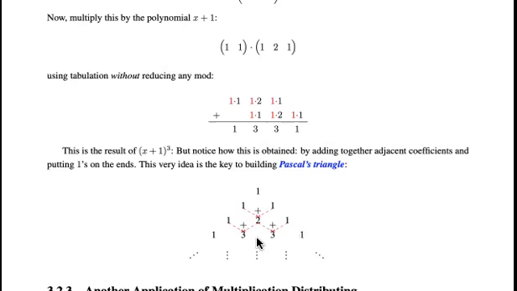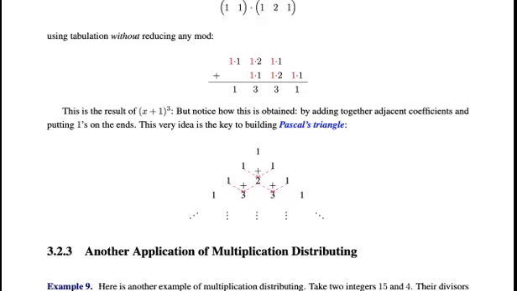In fact, we can continue this process to get the next line of this triangle. What was this? This was taking this polynomial x squared plus 2x plus 1, and multiplying it by x plus 1.